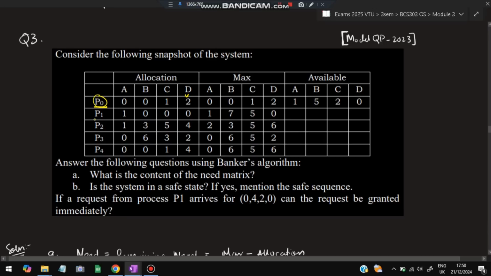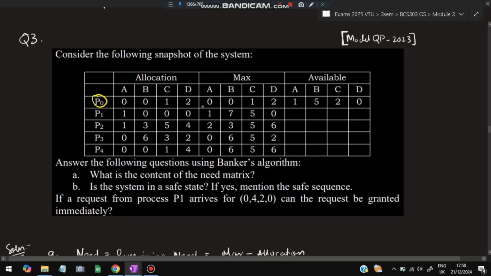P1 has 1A, 0B, 0C, and 0D. P2 has 1A, 3B, 5C, and 4D, and so on. So each process already has some resources with it. That is called allocation. Now, to execute, a process requires a maximum limit.